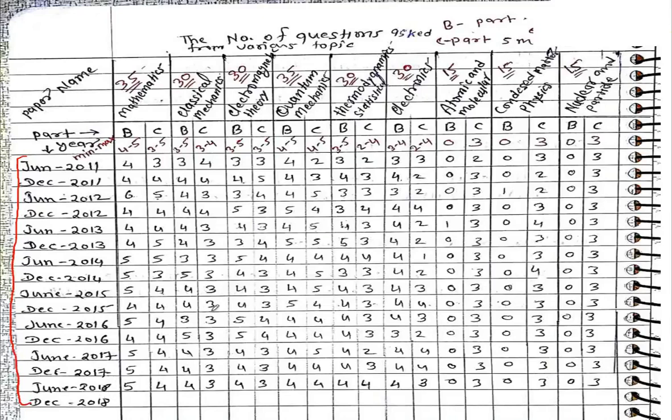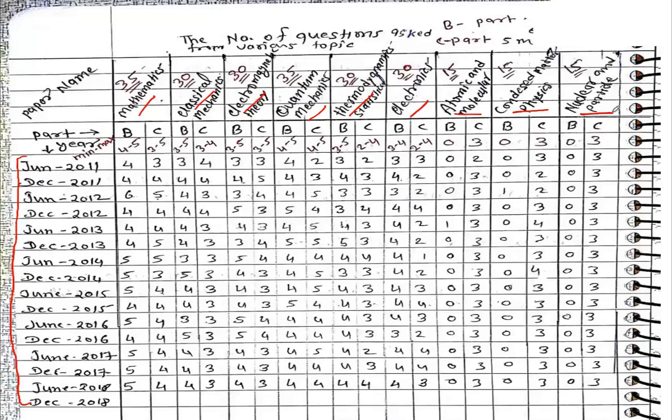And you can see I have explained what portion of mathematical physics comes in CSIR, what portion of classical mechanics, electromagnetic theory, quantum mechanics, thermodynamics and statistical mechanics, electronics, atomic and molecular spectra, condensed matter physics, and nuclear and particle physics. So you don't need to study all these subjects in detail.